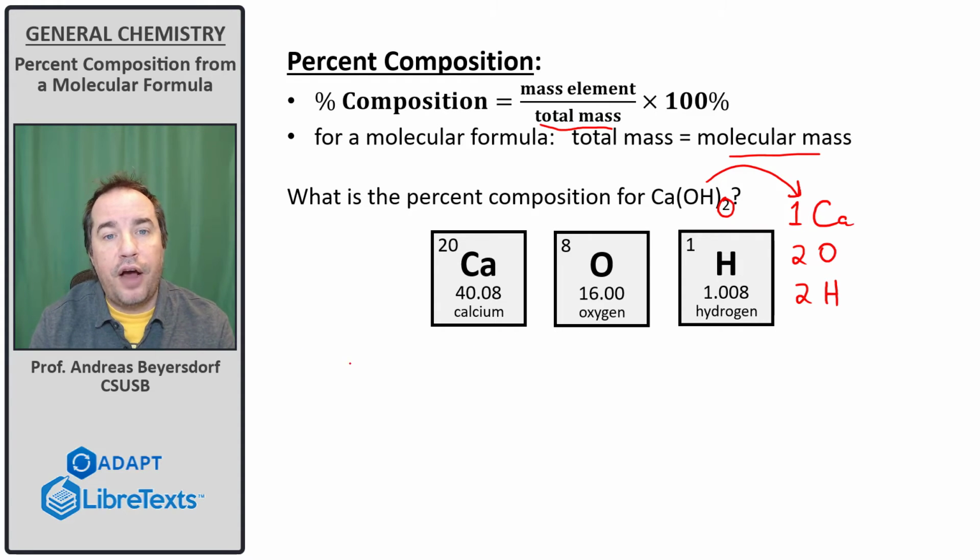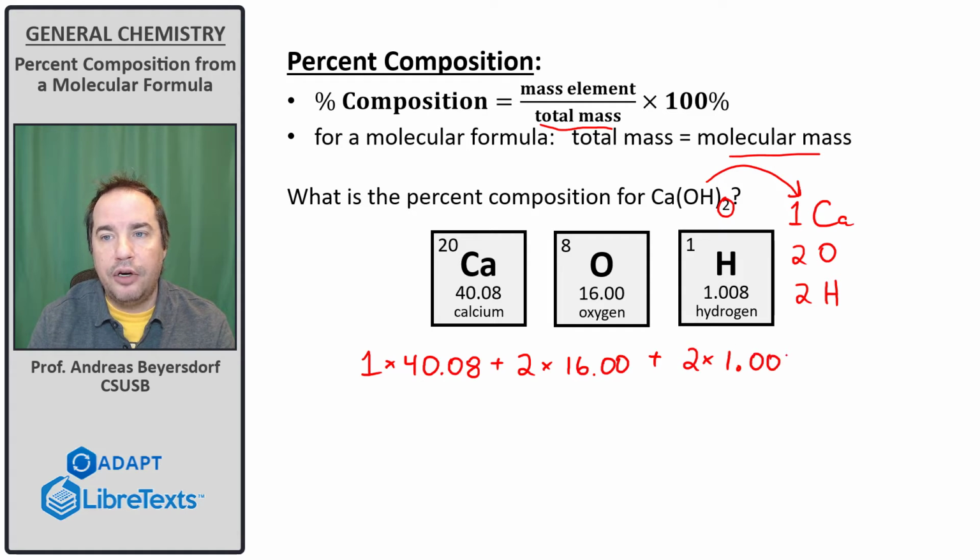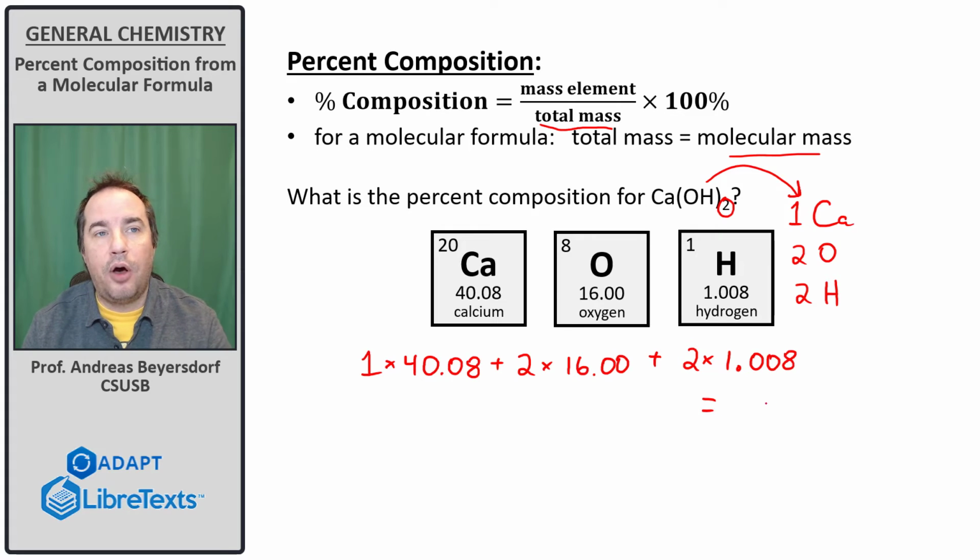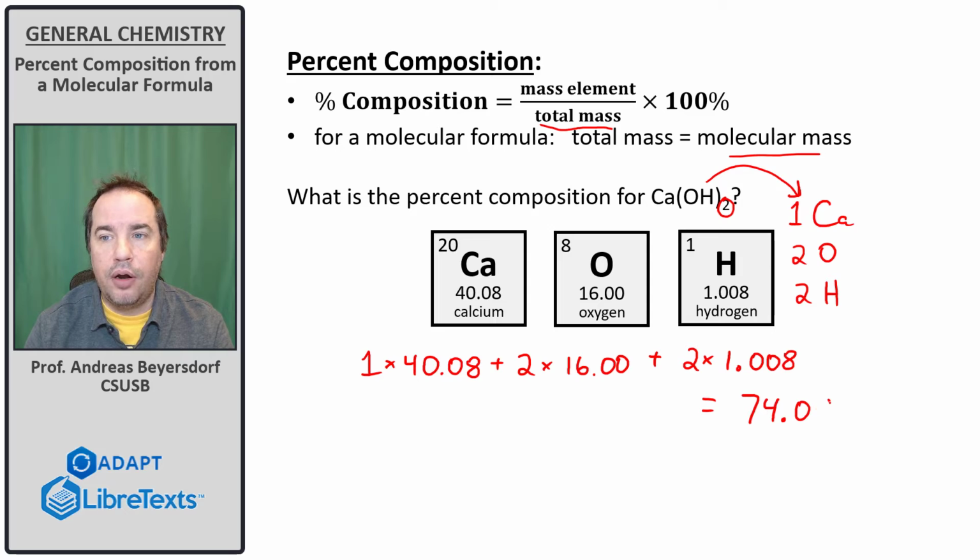And so if we want to find the molecular mass for this, we take 1 times the atomic mass for the calcium plus 2 times the mass for the oxygen, and then 2 times the mass for the hydrogen. And we sum all these up and we get the molecular mass, which is 74.096 grams per mole.